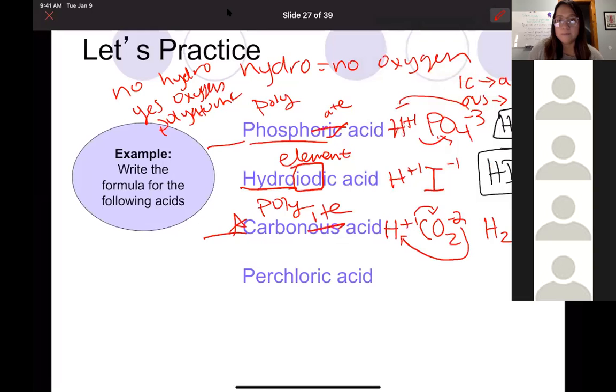All right. Last one. Do we have the word hydro here? No. No hydro, which means that this is again going to be a polyatomic. So it's going to be hydrogen plus 1 plus a polyatomic, but we got to remove the IC. And what are we replacing IC with? ATE.